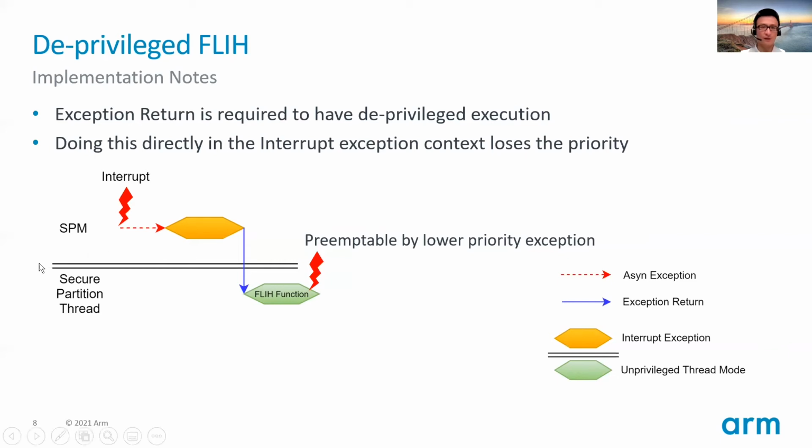But doing this in the interrupt exception context will lose the priority of the execution. Let's take the simplest case as an example, where there is only one interrupt to be handled.